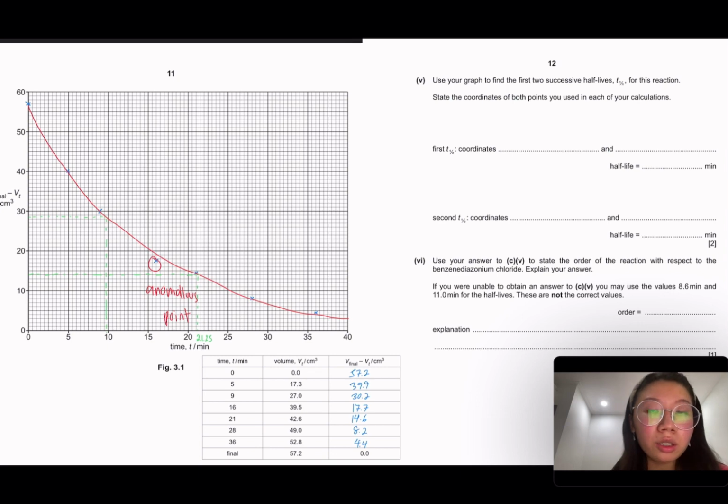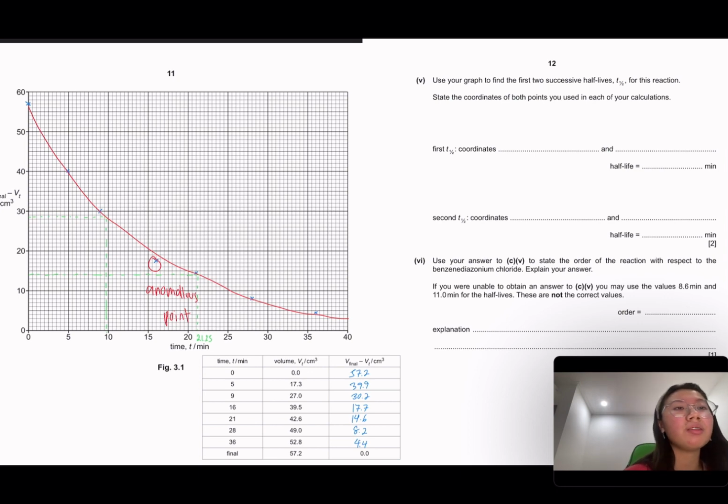If we take a look at the anomalous point, it is lower than it should be, and looking at the trend, the higher the time, the lower the V final minus VT, so likely the volume of nitrogen gas is recorded at a later time than it should be. So that would be the answer for your IV. Again, make sure your curve actually hits all, if not nearly all, the points.